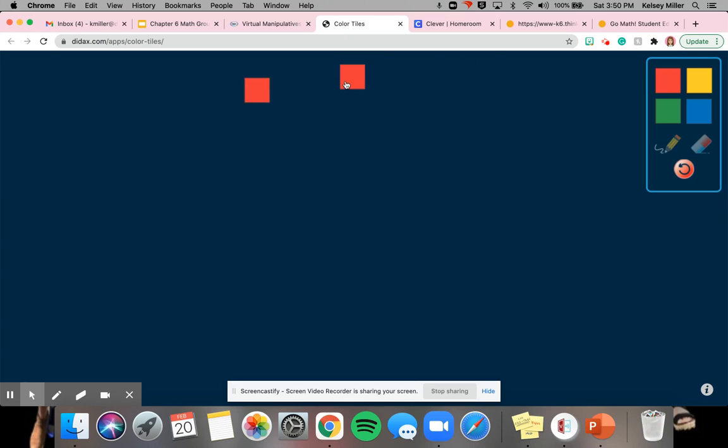1, 2, 3, 4, 5. So we want a row of 5 that is spaced out. And now we need to get to 30. So we're going to keep on following this pattern until we use up 30 tiles.